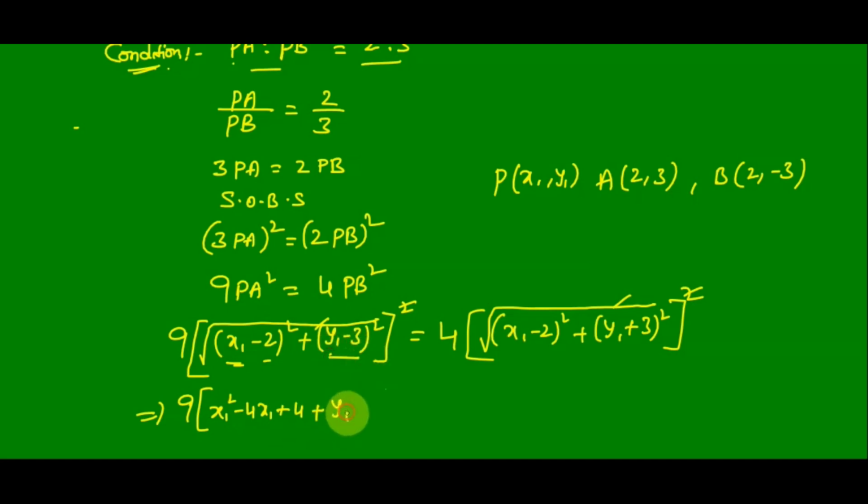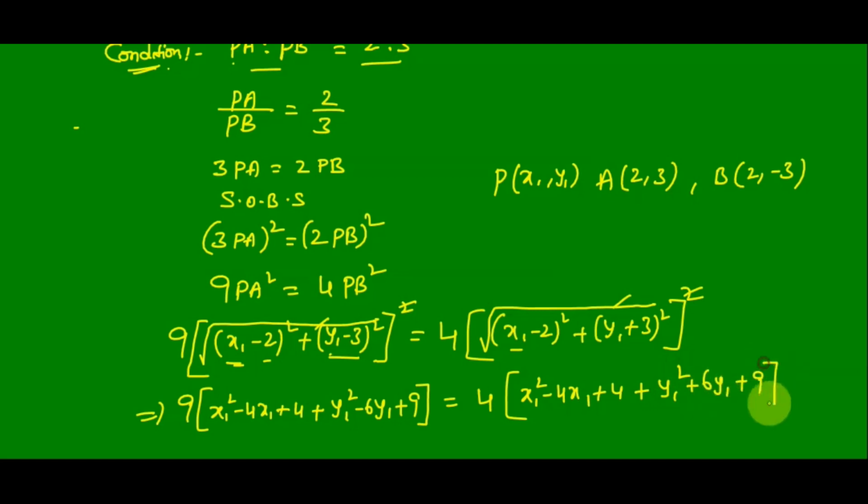So we'll expand this: y1 square minus 6y1 plus 9, is equal to, on the right hand side also I'll follow the same steps, x1 minus 2 whole square, that is a square minus 2ab plus b square. Similarly, a plus b whole square, a square plus 2ab plus b square.